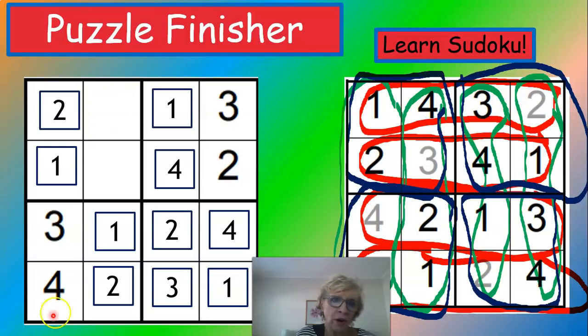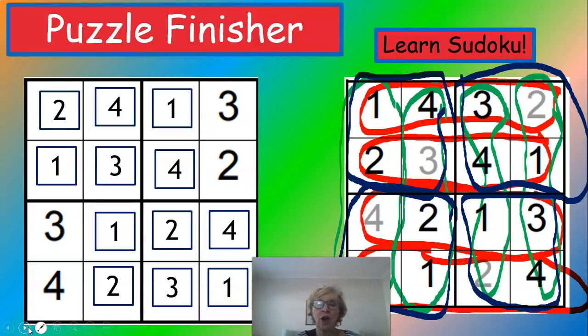Well, a 3 can't go there. So I have to put my 4 there because a 4 can't go here, and I have to put my 3 there. So those are the only places, grade 3s, that I can actually put those numbers in. They all belong in their special place, and there's only one spot for each of those numbers.